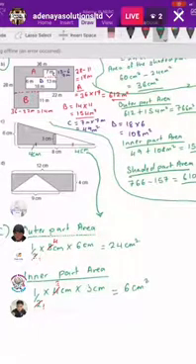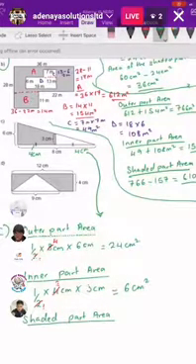So then we have 24 and 6 centimeters squared. The shaded part area is 24 centimeters squared minus 6 centimeters squared, and that gives you 18 centimeters squared.